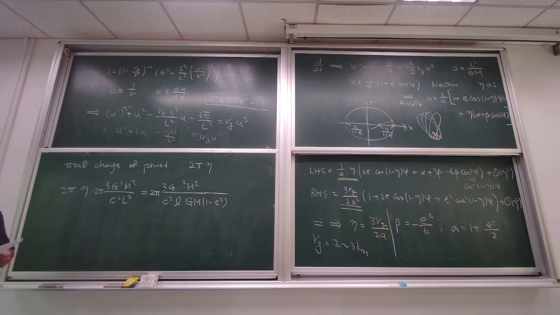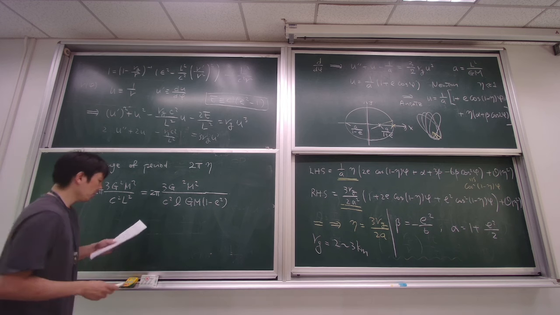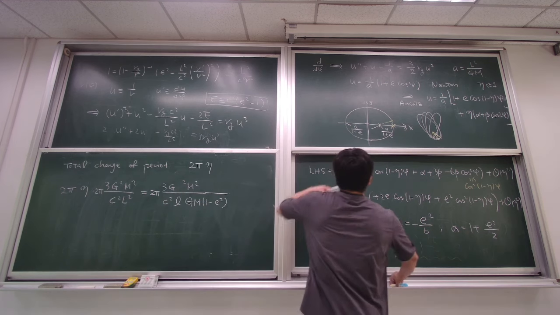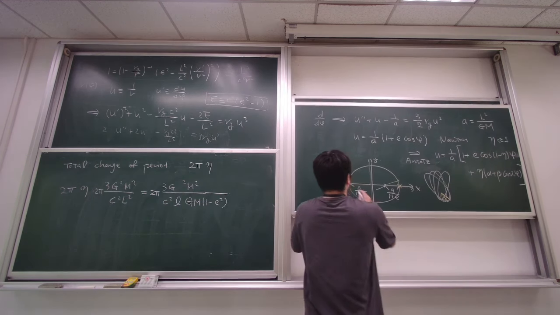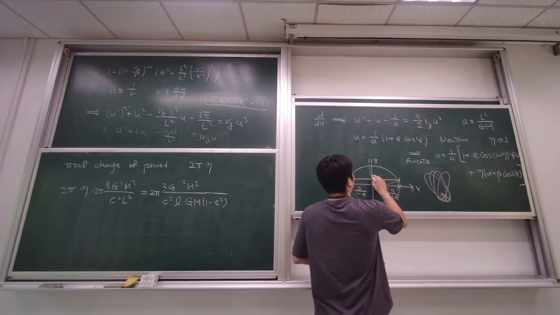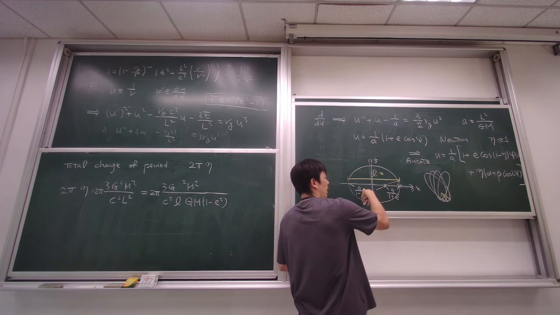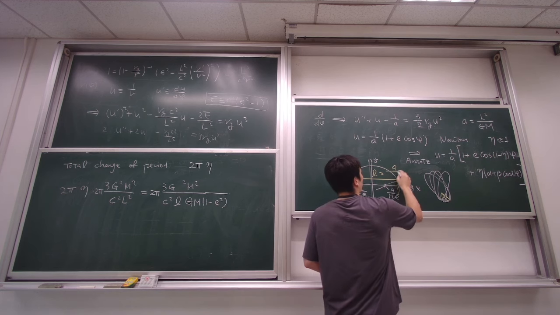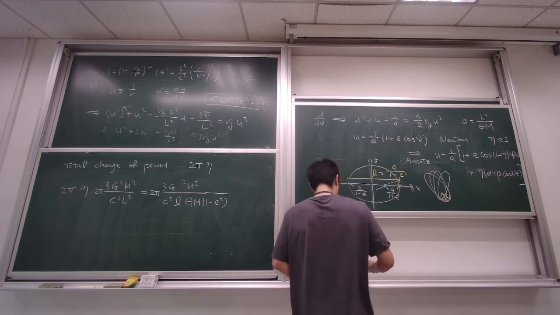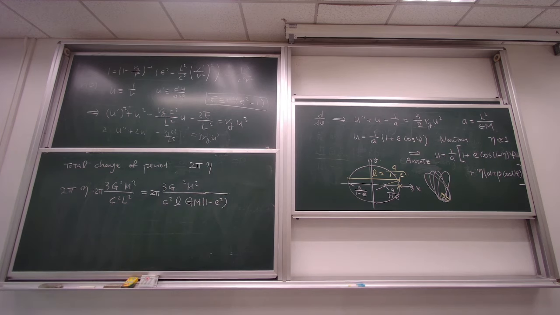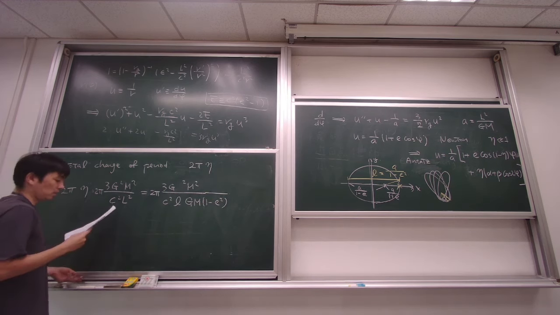So L is in fact a distance, the longer distance. I call it L, which is A over 1 plus E plus A over 1 minus E, which is A times 1 minus E squared. Okay. So I plug it into here, you can obtain this.